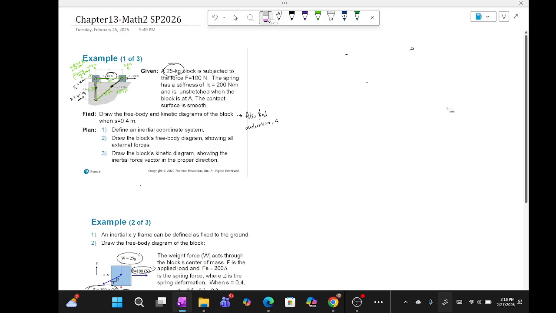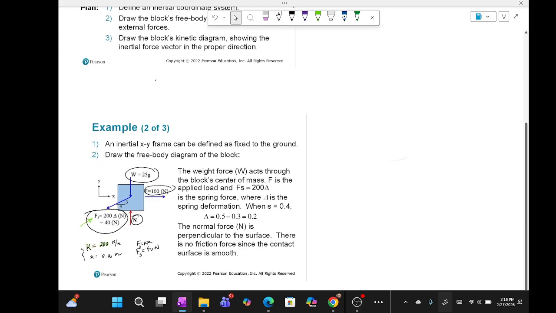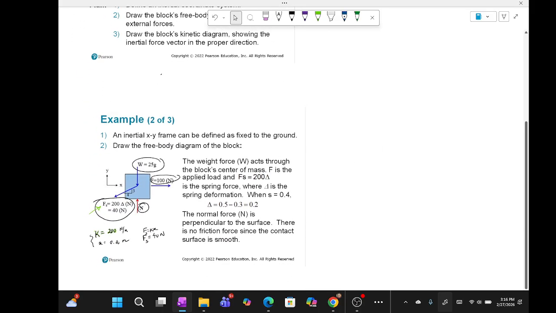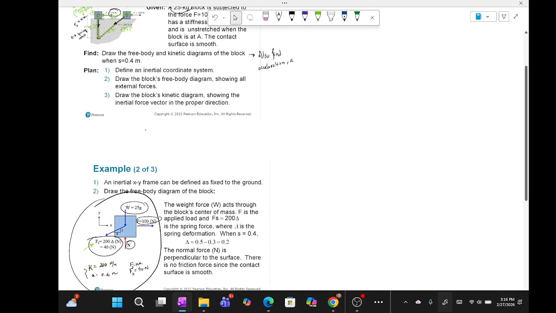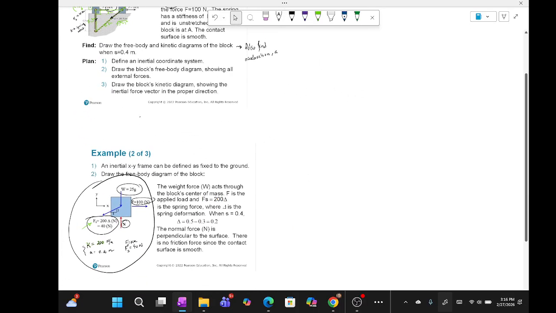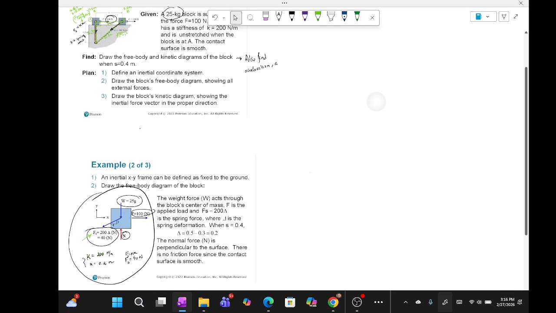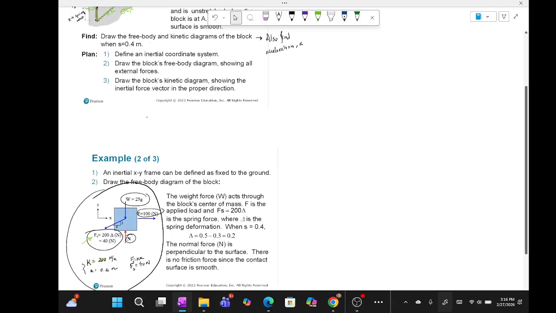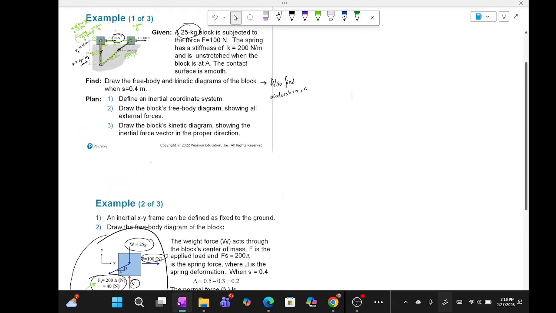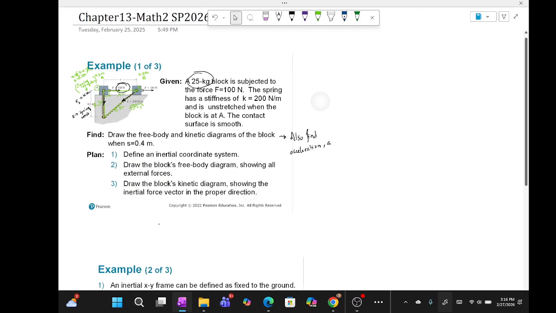I don't want to confuse you with anything. So this is the block that I would like to draw myself again. Everybody see here.